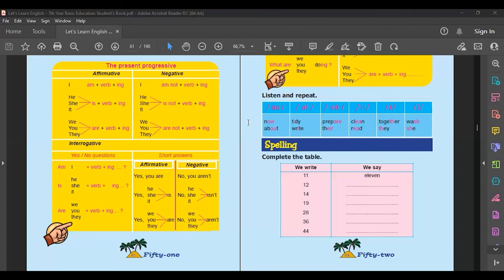Let's repeat. Now, about, tidy, right, prepare, there, clean, read, together, they, wash, and she.